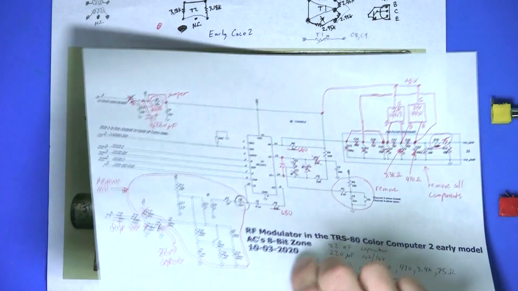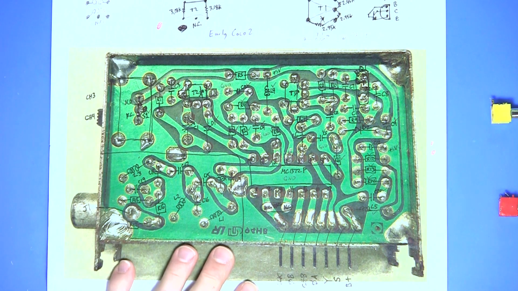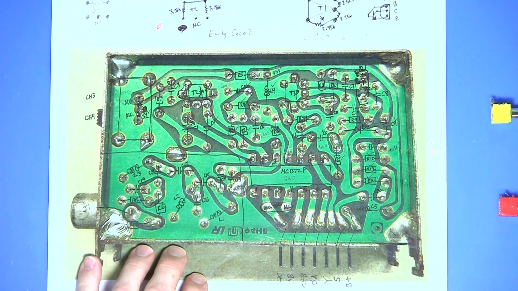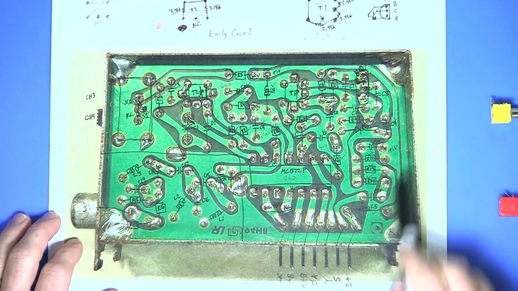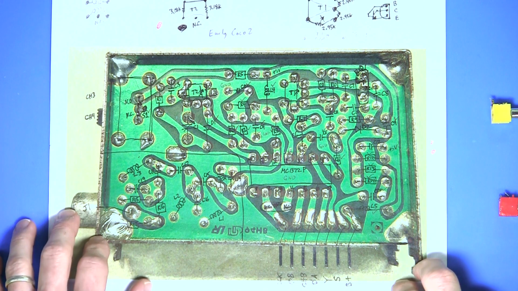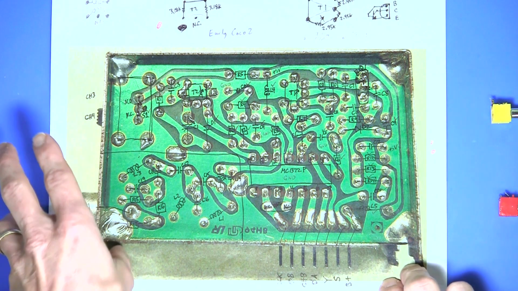And to go along with the schematic, there is my layout drawing where I've marked all the components that match up with that original RF modulator schematic. Again, this was the early CoCo 2 with the vertically mounted RF modulator, and you can do this mod on either the early one or the later one.